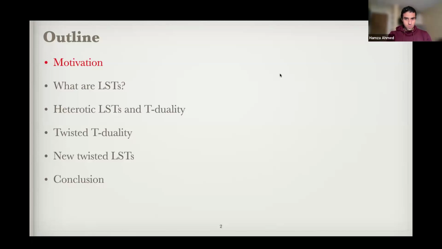Then we'll get into the main goal of this work, which was to look at the landscape of twisted T-dual LSTs. Using the techniques we developed there, we construct new twisted little string theories that, as far as we know, have not been constructed in the literature before. And then I will conclude.